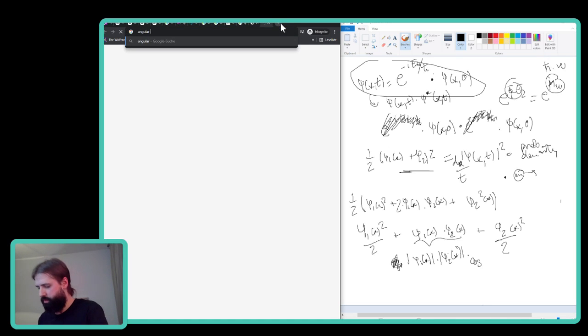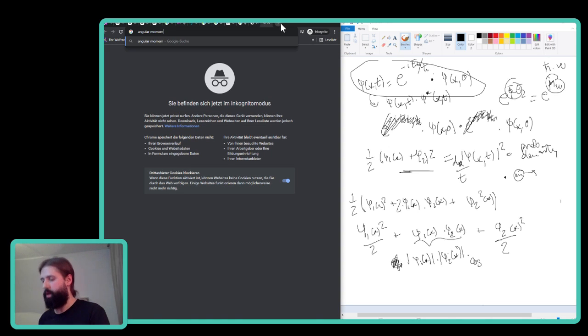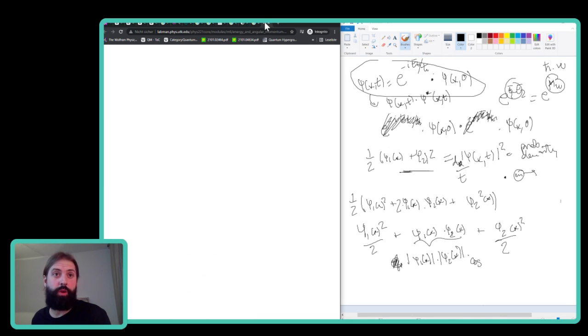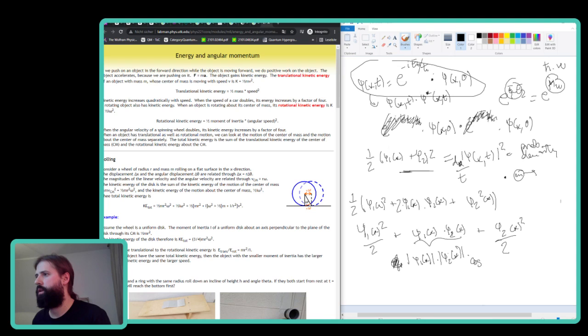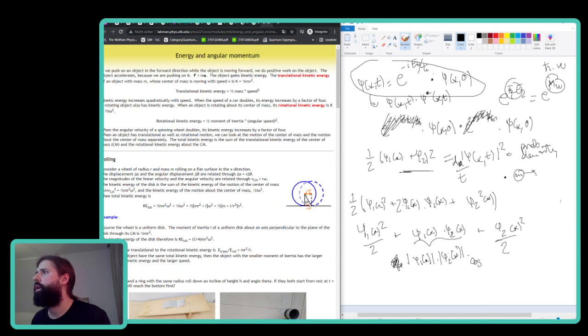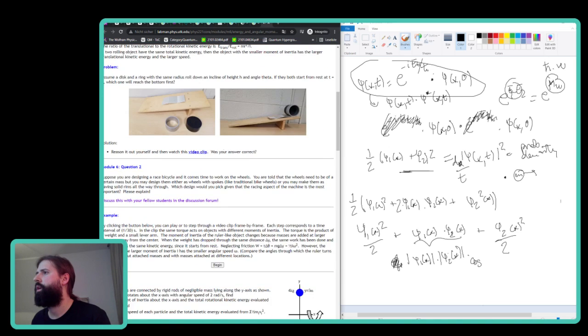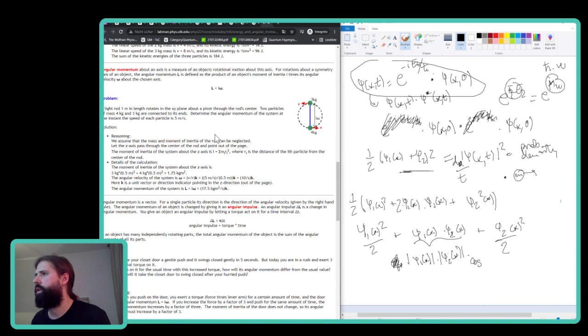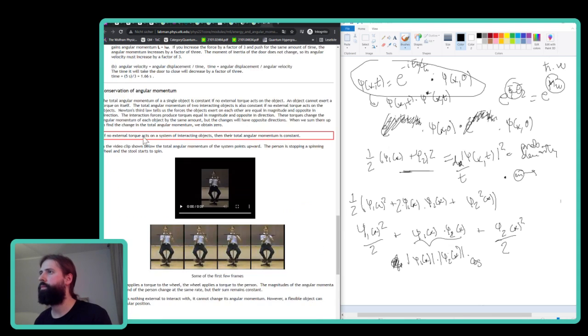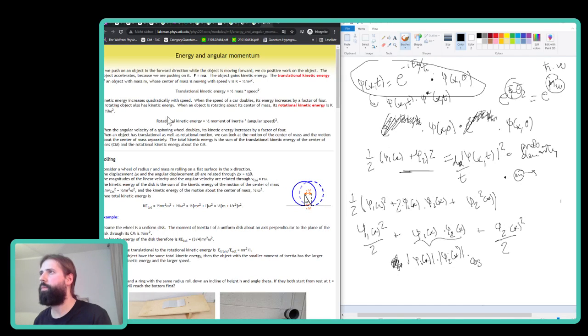Angular momentum, energy difference. But Google is always our friend. I don't even know how to define angular momentum.